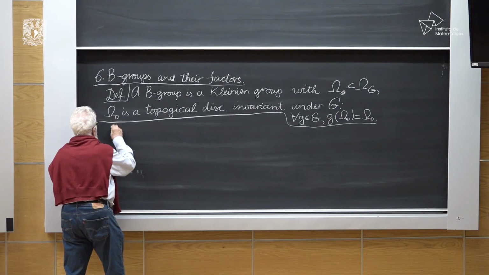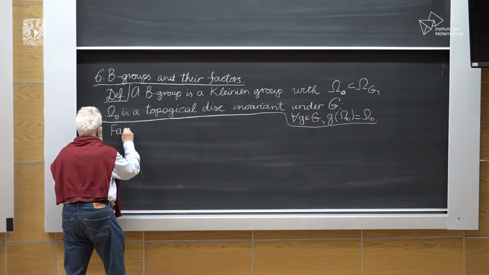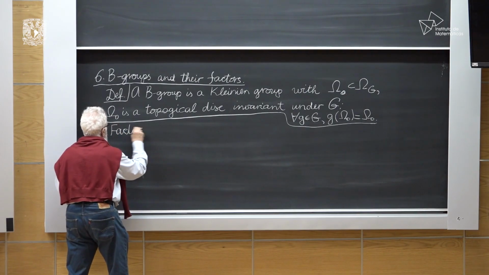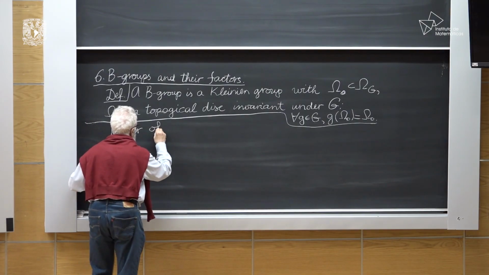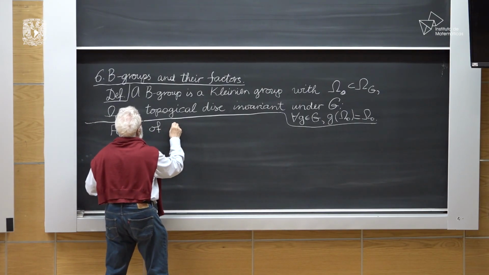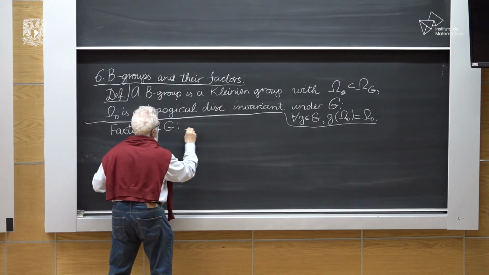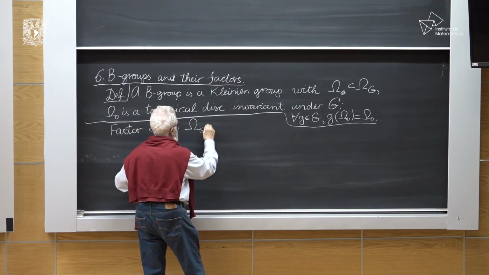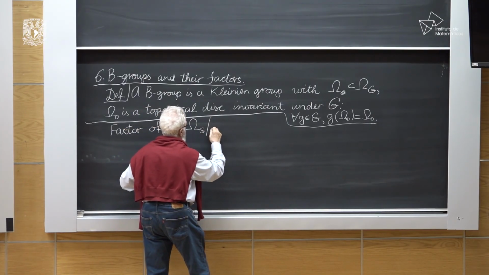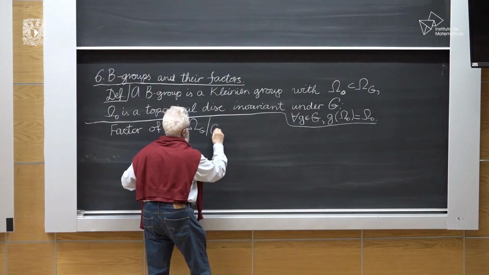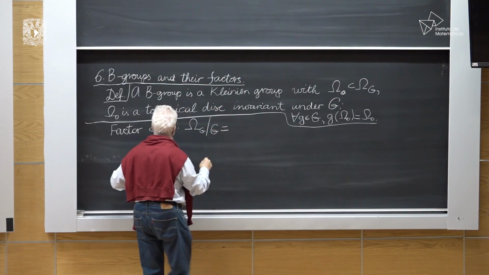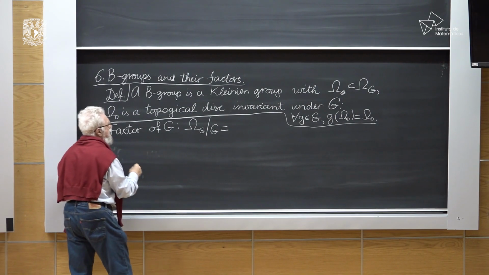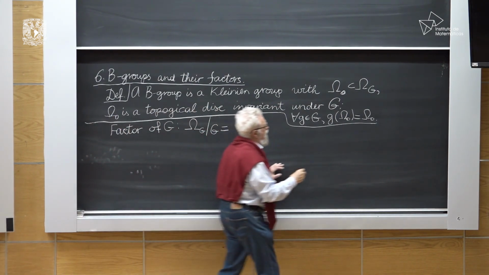So, the factor of the B group, the factor of G, omega G over G. First of all, there will be an obvious component.